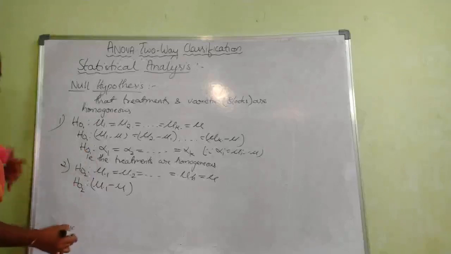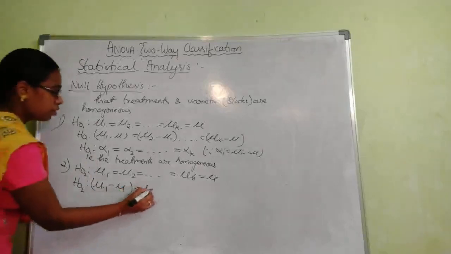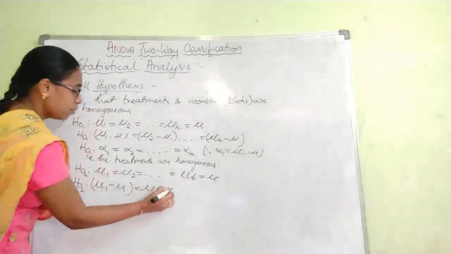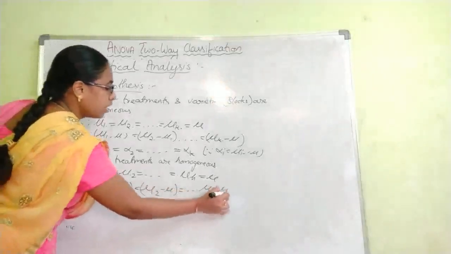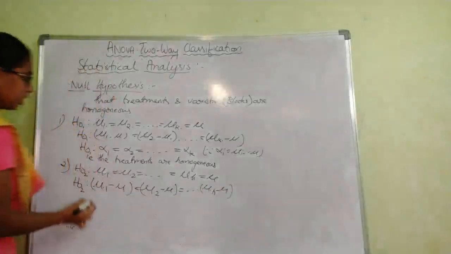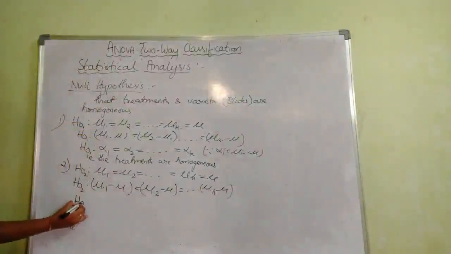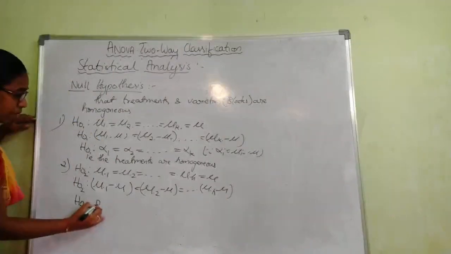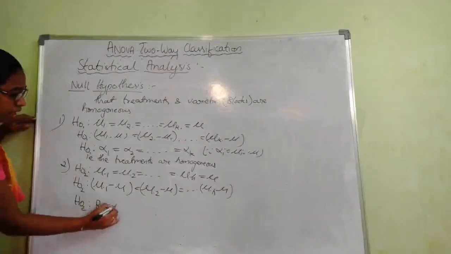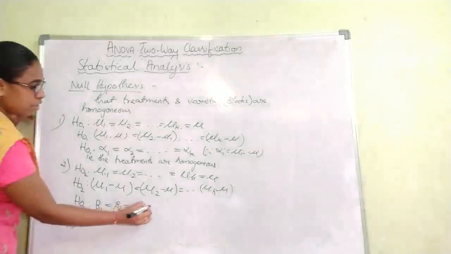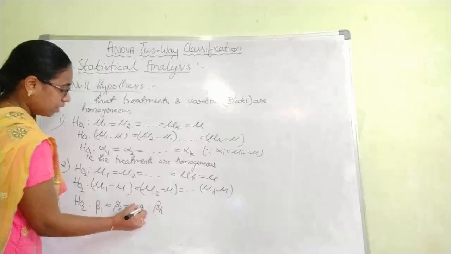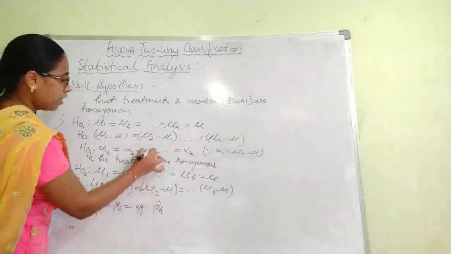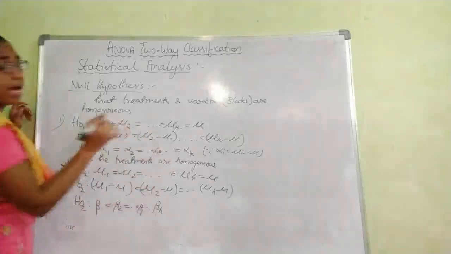So mu dot 1 minus mu equals mu dot 2 minus mu equals and so on to mu dot h minus mu. This is nothing but beta j, so H naught 2 is beta 1 equals beta 2 equals and so on to beta h. In the first hypothesis you have alpha i, and here you have beta j.